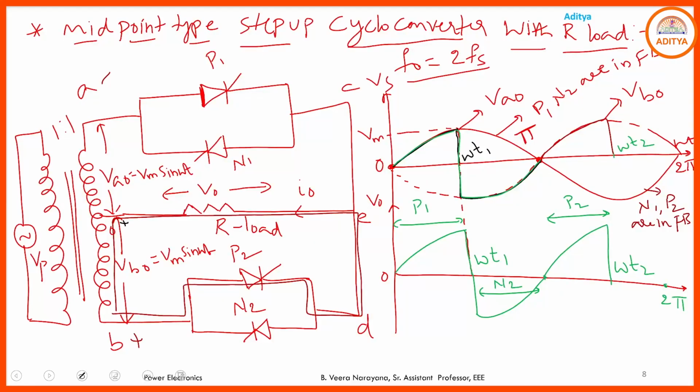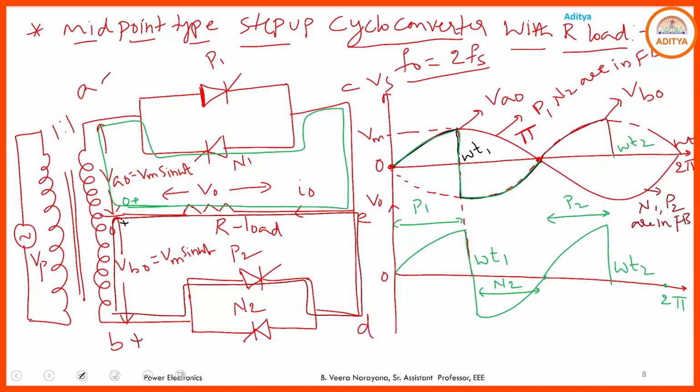Then if N1 comes to the on state, the upper half of the source voltage is transmitted to the load, and the current direction is given by O plus, R, C, N1, A minus. See here, if N1 comes to the on state, then what is the current flow through the load?